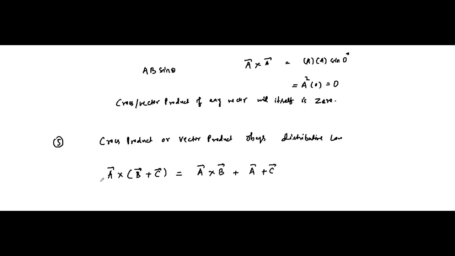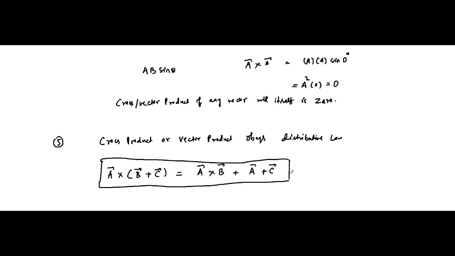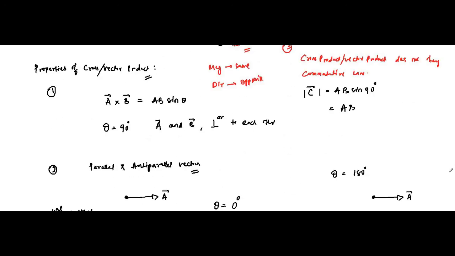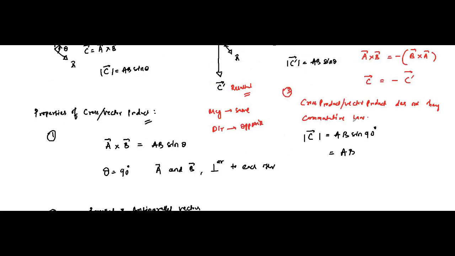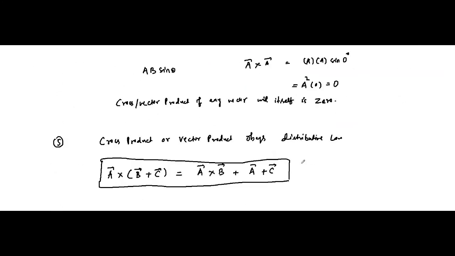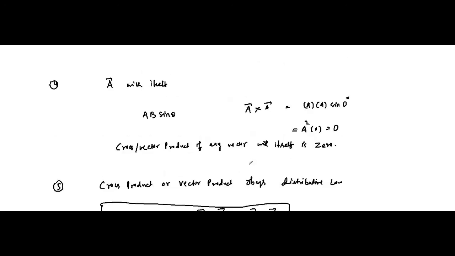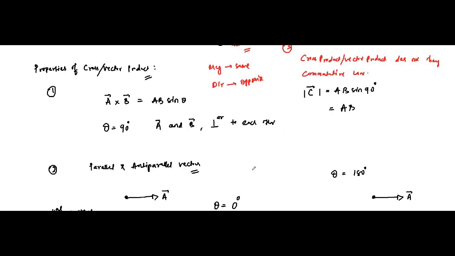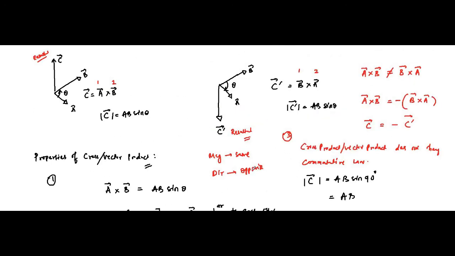This is the distributive law, and cross product or vector product obeys the distributive law. It does not obey the commutative law, but it obeys the distributive law. So these are some of the important properties related to cross product or vector product.